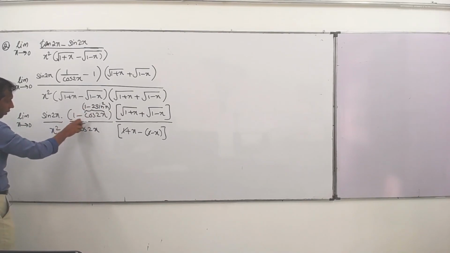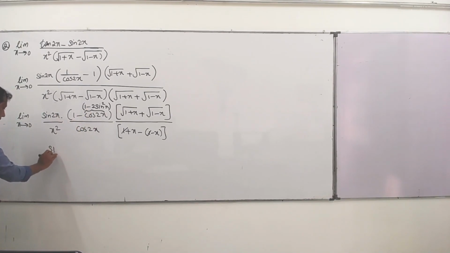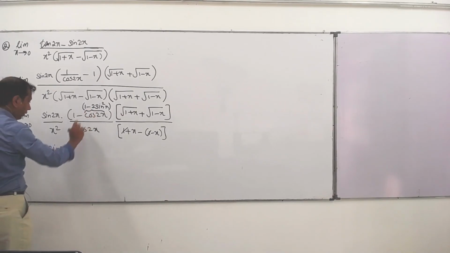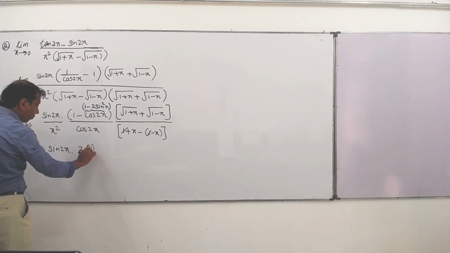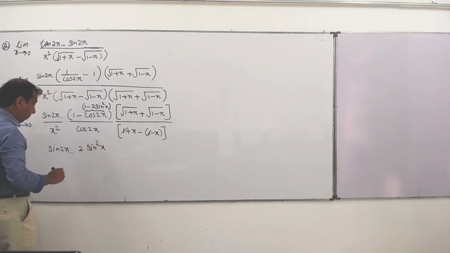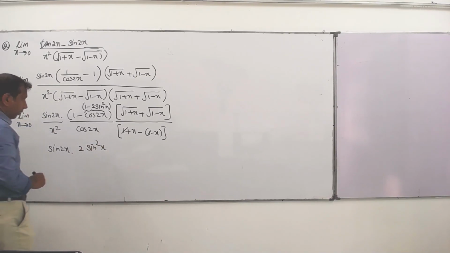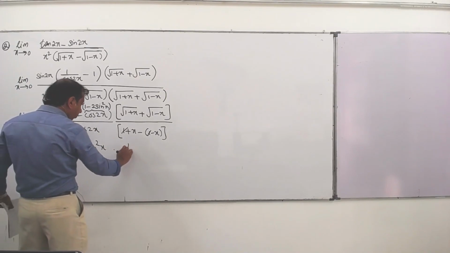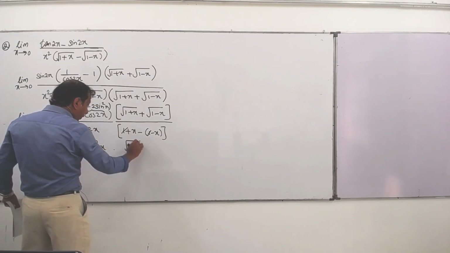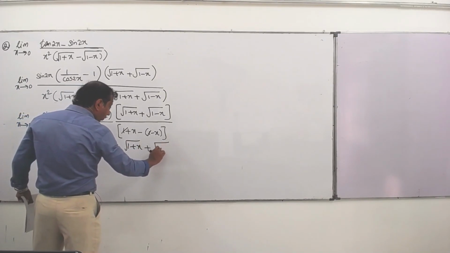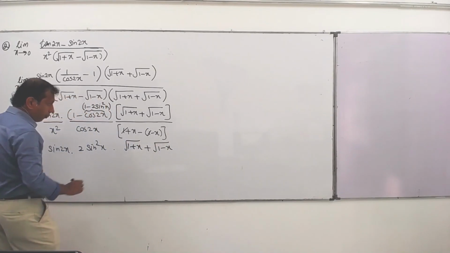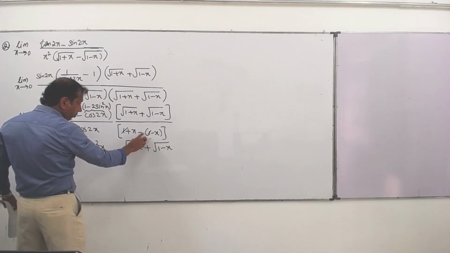This 2 we can cancel out. Minus minus plus comes in, no? Then we have sin 2x, here 2 sin squared x, okay? Right. Here root of 1 plus x, root of 1 minus x.